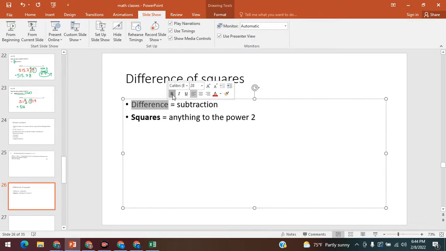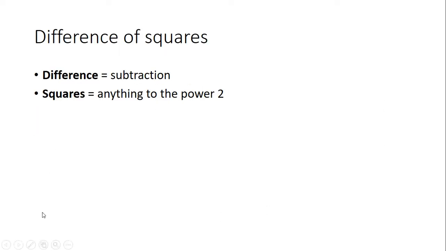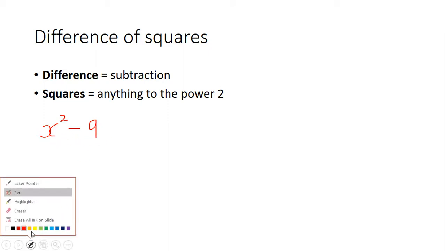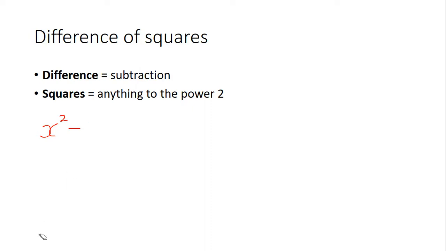So when we talk about difference of squares, what we mean are the following types of expressions. We'd have x squared minus 9. Now, why is that a difference of 2 squares? No, let's not use 9 first. Let's use 4.